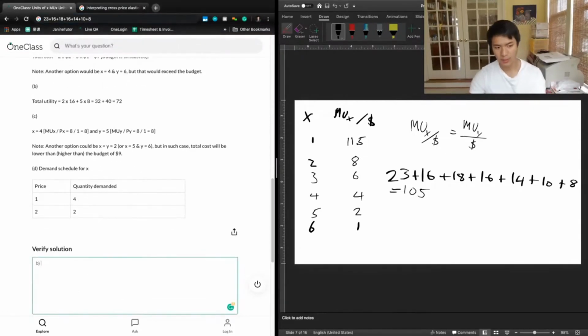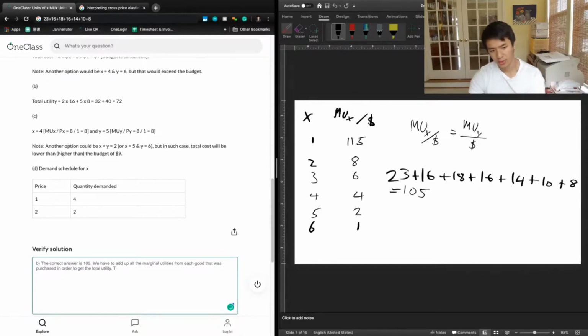So for B, we can say the correct answer is 105. We have to add up all the marginal utilities from each good that was purchased in order to get the total utility.